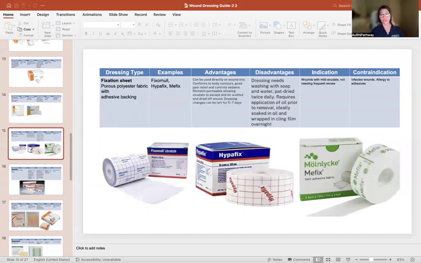You can also use Hypafix to put that non-adherent dry dressing in place if the patient's not allergic to adhesive. Usually these ones are used to keep the primary dressing in place.